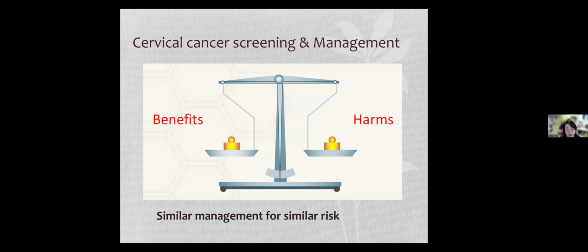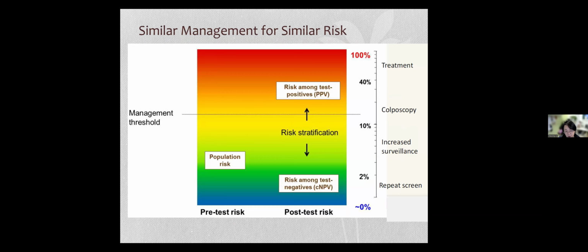So the management in the US, at least, they try to balance what is benefit and what is harm. And they propose this theme of similar management for similar risk. So that's the theme they try to propose.